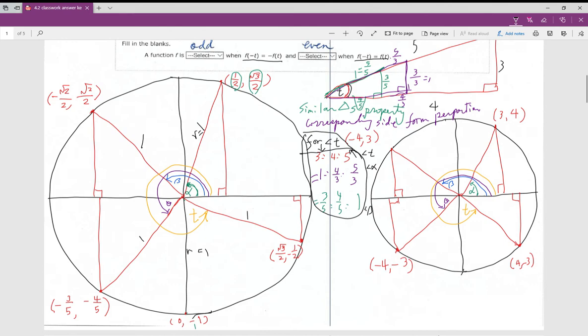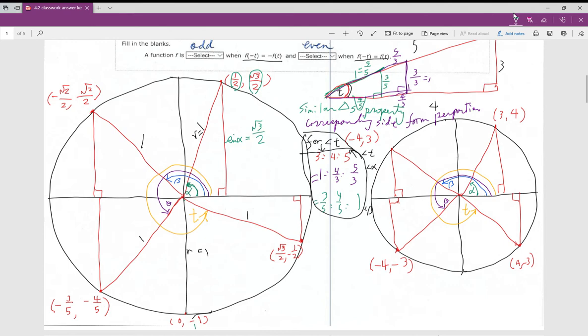So first, when you are talking about the angle alpha, we have sine alpha equals the y value divided by 1. Divided by 1, you don't need to do it.